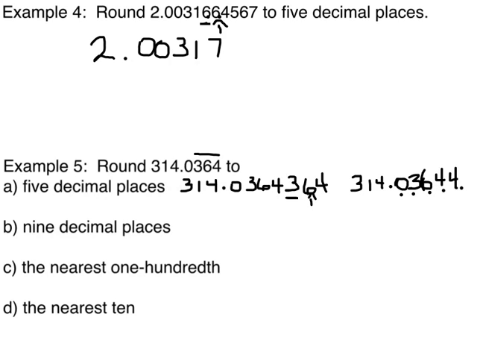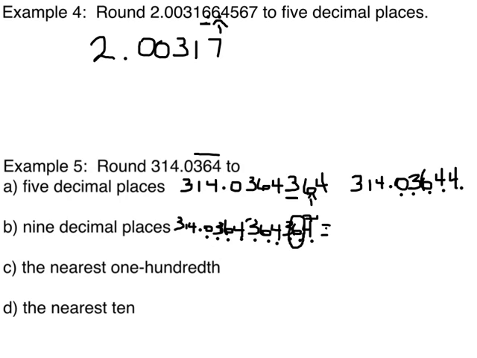Then that would be 314.0364364, and I'll do it one more time, 364. All right, 9 places would be 1, 2, 3, 4, 5, 6, 7, 8, 9. So the 6 is going to be the one that I'm trying to determine, and I'm going to look to the 4 to see what to do.